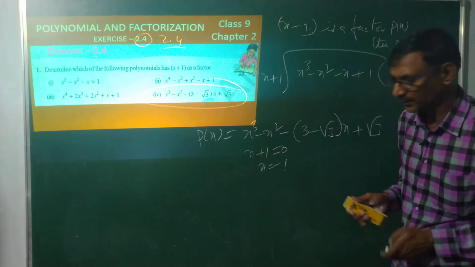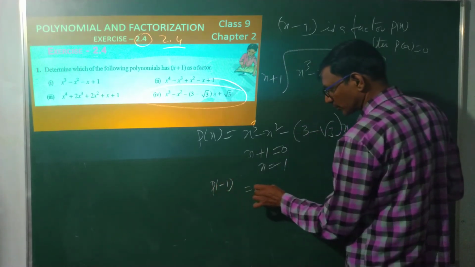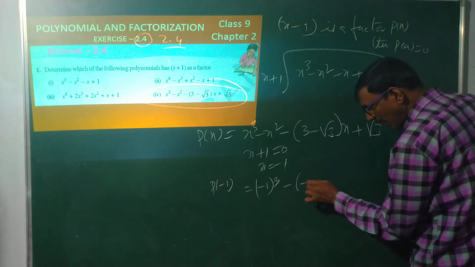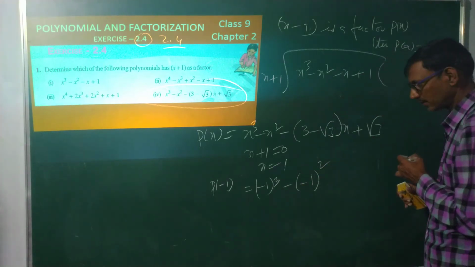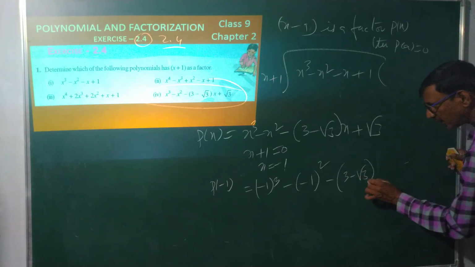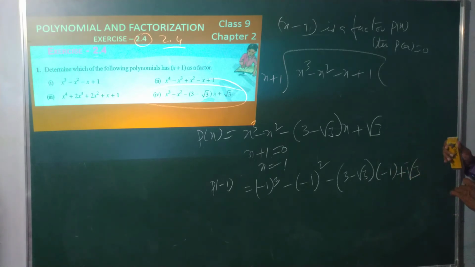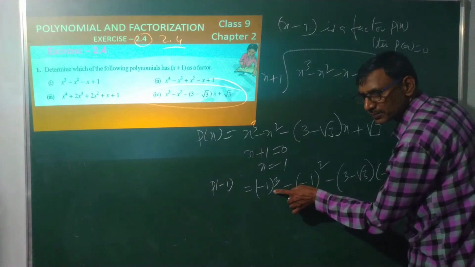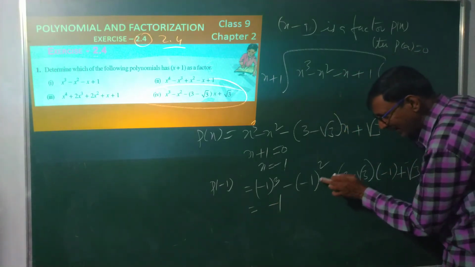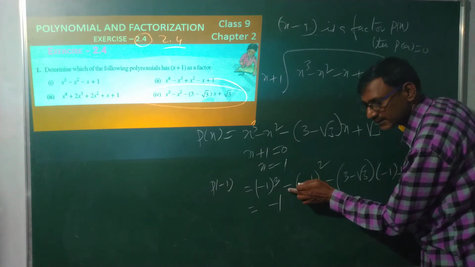Let us try. P of minus 1 is equal to minus 1 whole cube minus of minus 1 whole square minus of 3 minus root 3 into minus 1, plus root 3. Minus 1 whole cube is nothing but minus 1. Very good. Minus 1 whole square is nothing but plus 1.